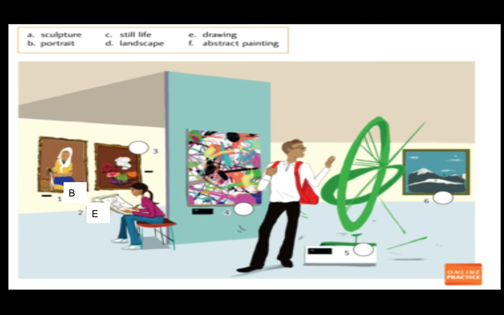So this is not a portrait painting. This is a still life. A still life is a painting of something that doesn't move, not an animal. Usually this is food or flowers. It's living, but it's not moving. That is picture 3.